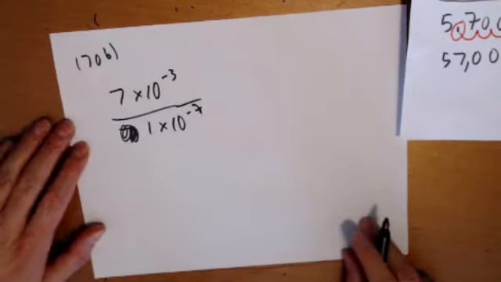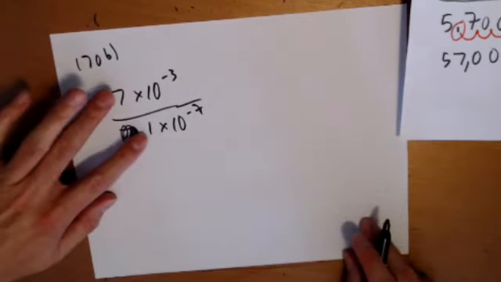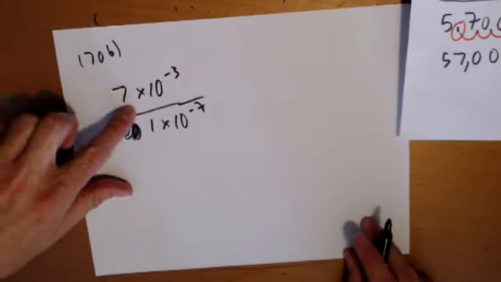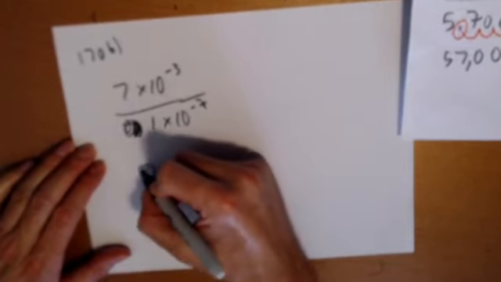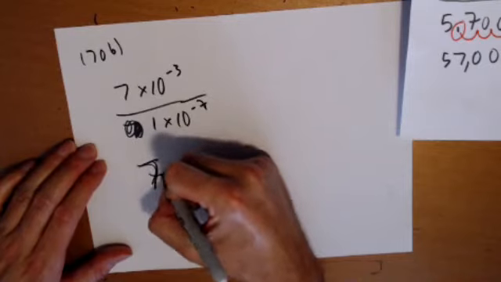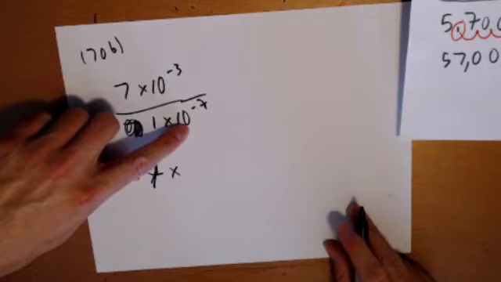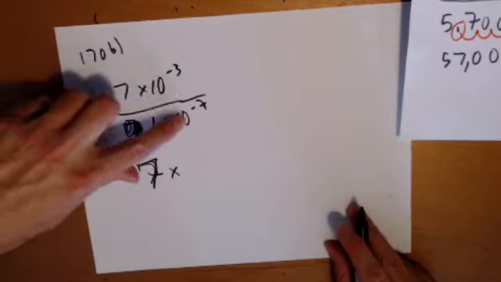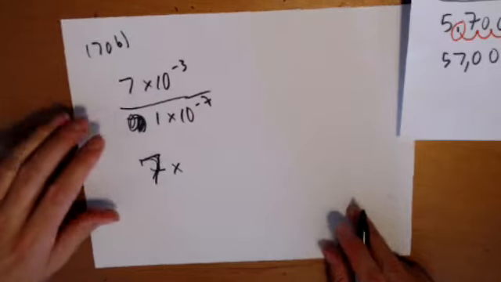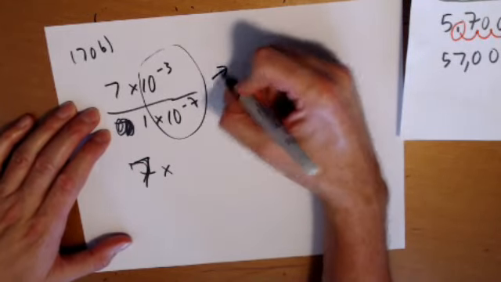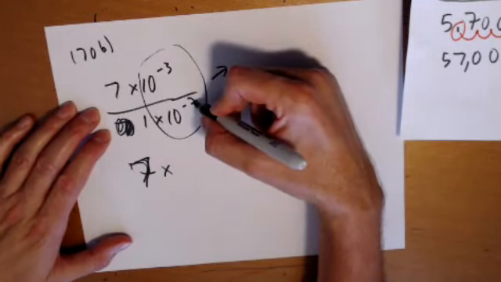Okay, so let's just focus separately on the 7 and the 1, and then focus separately on the 10 stuff. 7 over 1, 7 divided by 1 is just 7. And 10 to the -3 over 10 to the -7, if I just focus on that, doesn't that sort of become, see, negative on the bottom?